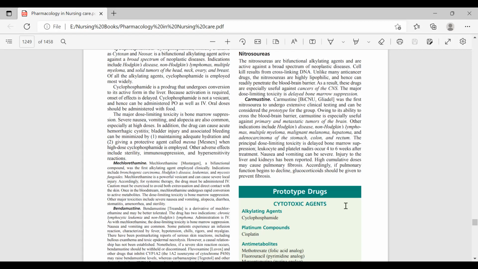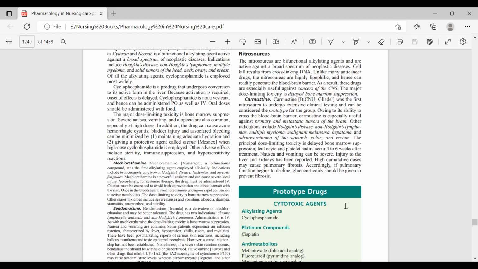So for brain tumors or brain cancers, the drug of choice is carmustine, that is the nitrosoureas, because it crosses the blood-brain barrier. Other indications include Hodgkin disease, non-Hodgkin lymphomas, multiple myeloma, malignant melanoma, hepatoma, and adenocarcinoma of the stomach, colon, and rectum.